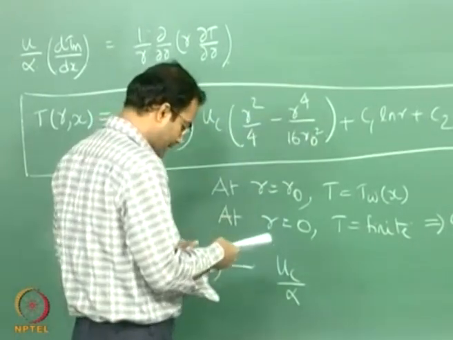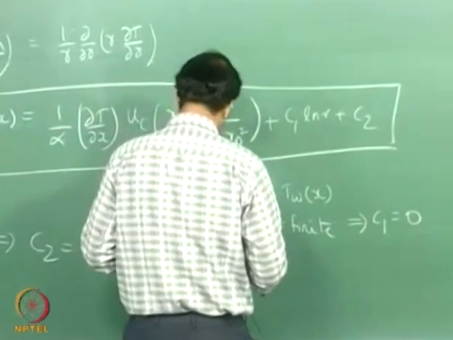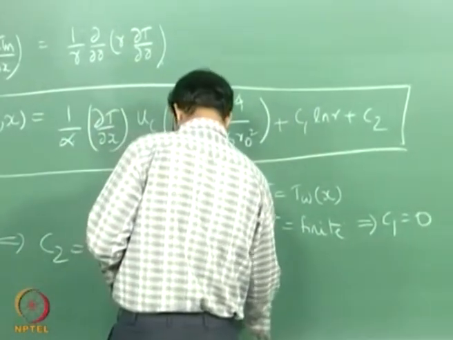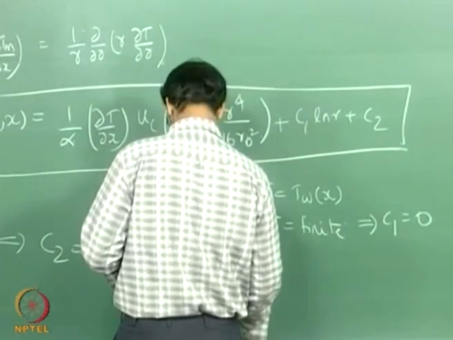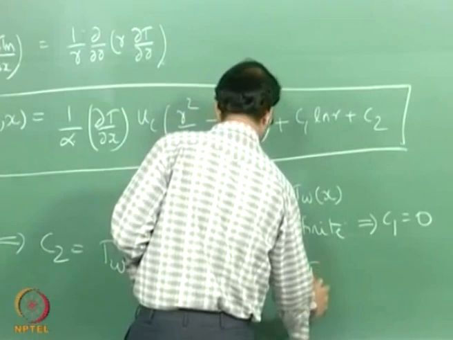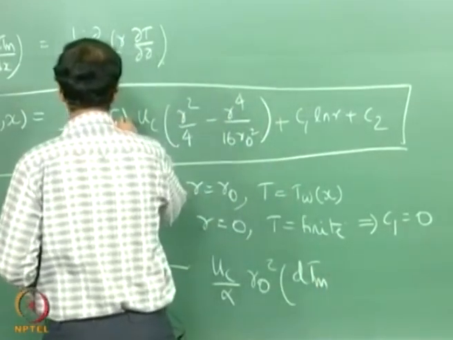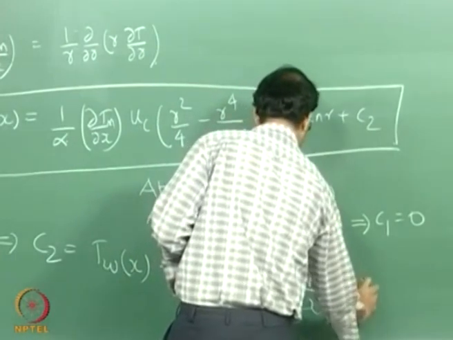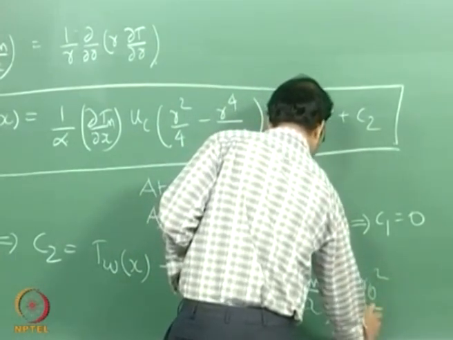So if you simplify it, it comes out as, so you can take 1 r naught square into dTm by dx, okay. I can maintain this as dTm by dx into 3 r naught square by 16.